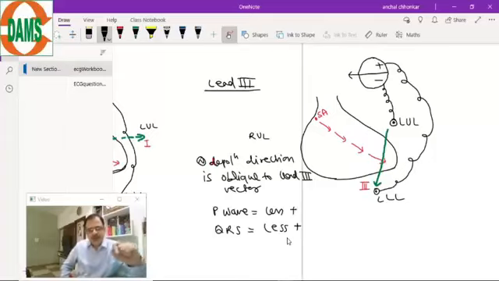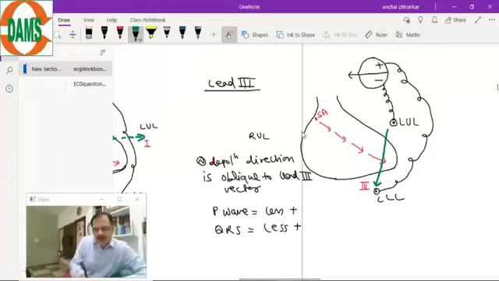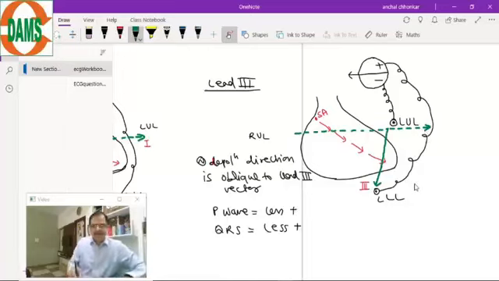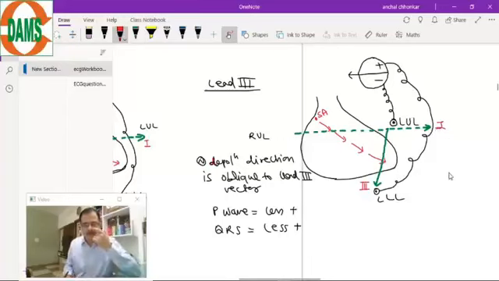Now let's look at what the angle of lead 3 will be in relation to lead 1. Lead 1 was at 0 degree, so we'll take the angle from there. So here was the lead 1 location. This was at 0 degree.